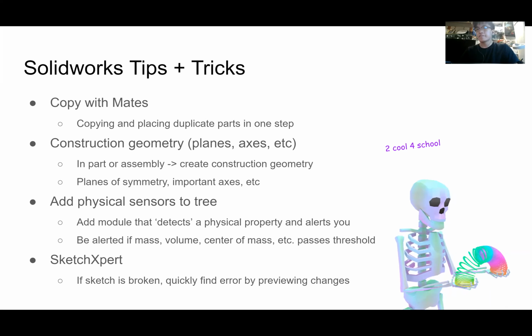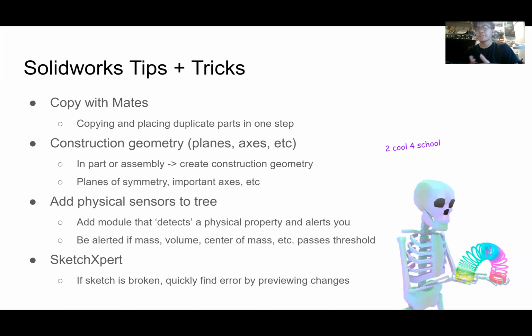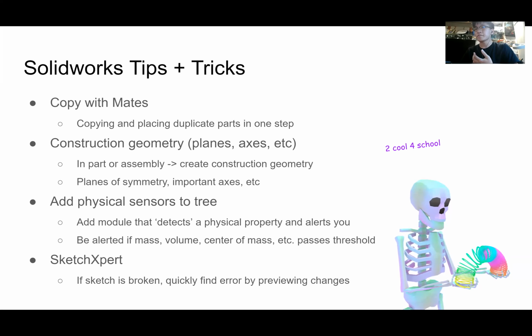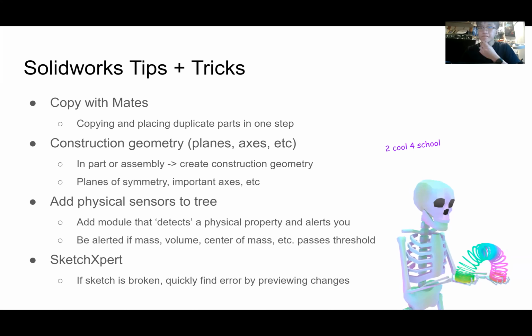You can also add physical sensors to a tree so that it could detect a property of a part. So let's say the mass or the volume of a part passes a certain threshold that you set, it'll tell you so that you don't end up making a design change that you didn't intend to.